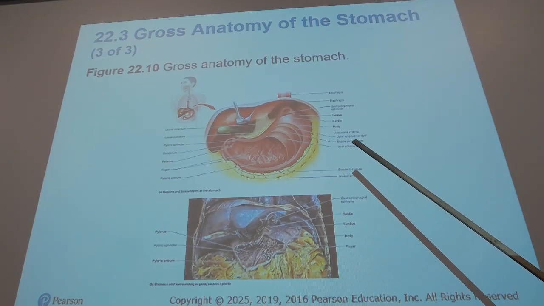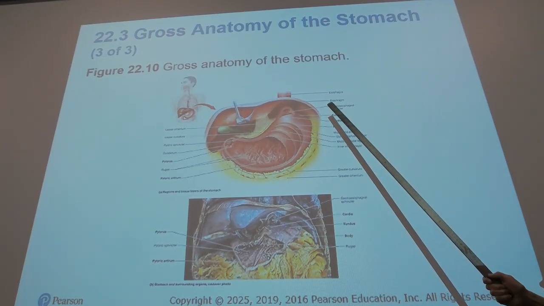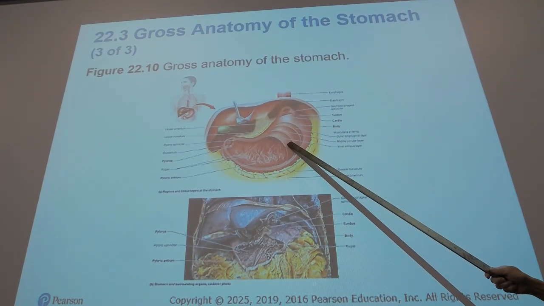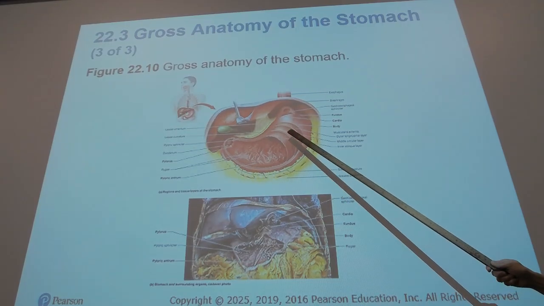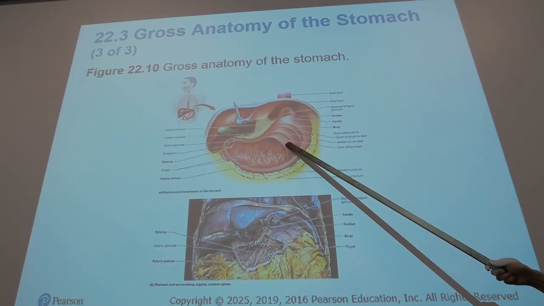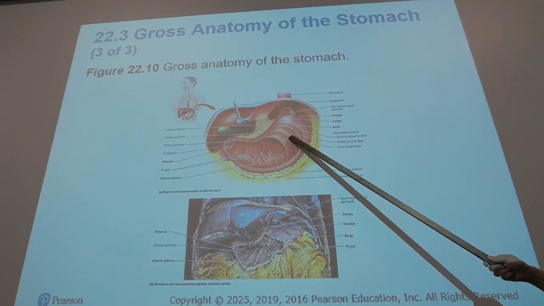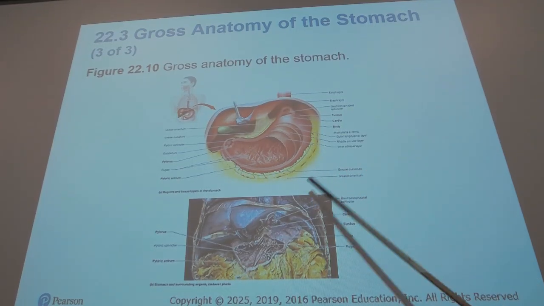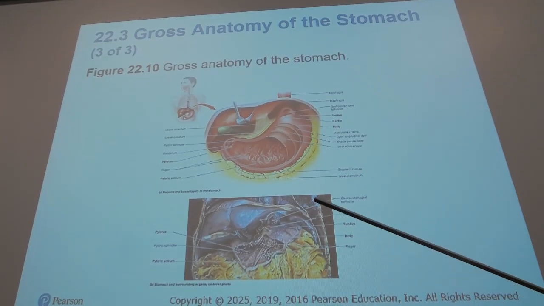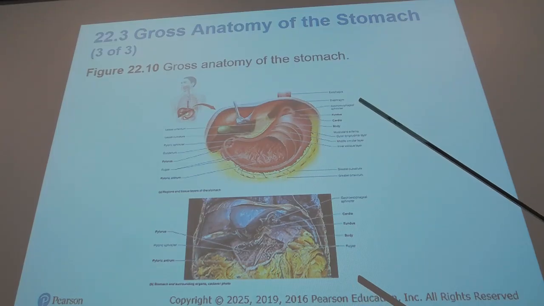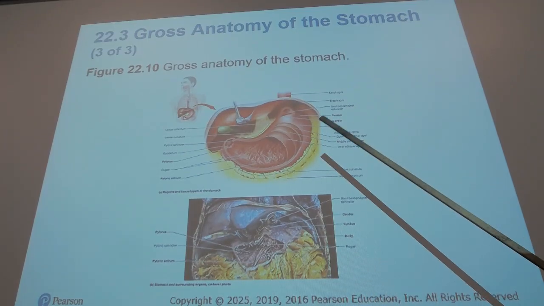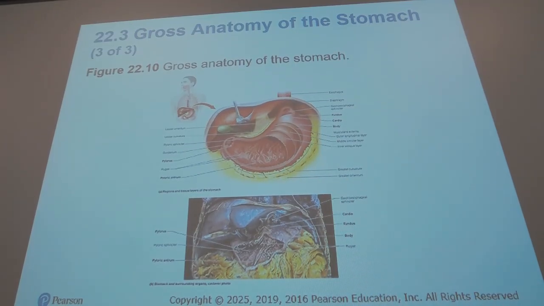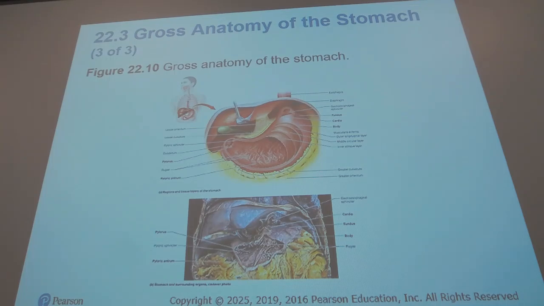Now, the stomach has, in the muscularis, three layers. The inner layer, that is the oblique layer, the middle layer, which is the circular, and the outer layer, which is the longitudinal, and the epithelium, which is simple columnar epithelium with lobed cells.